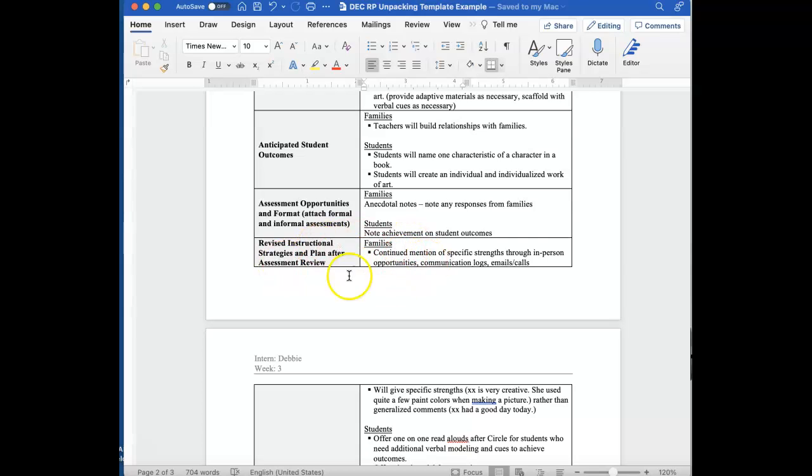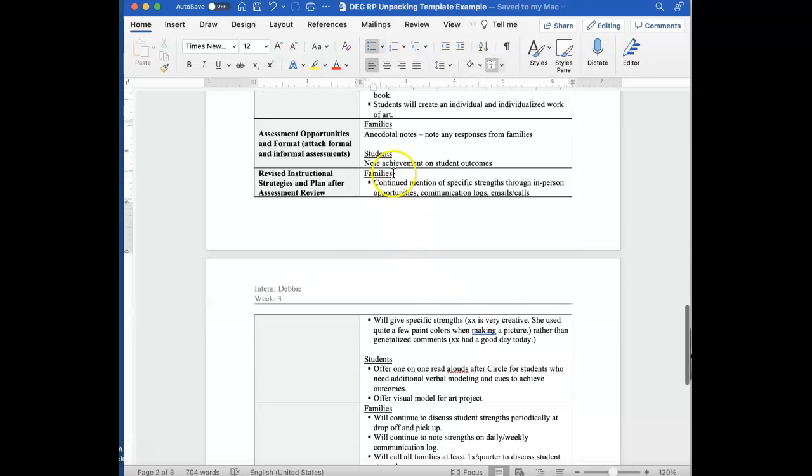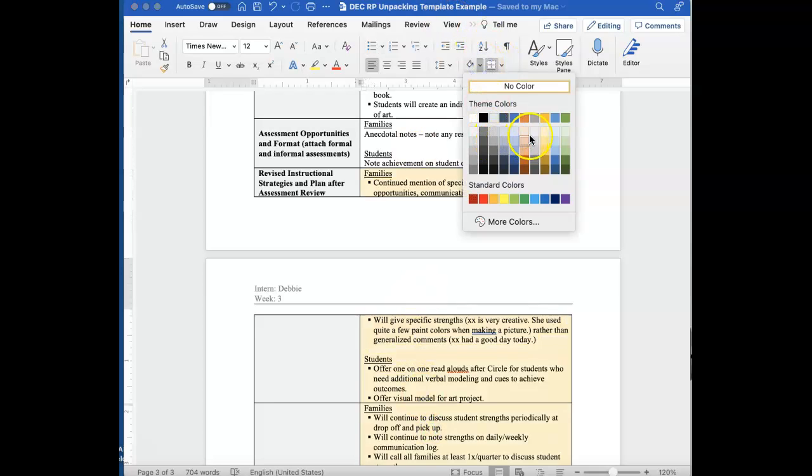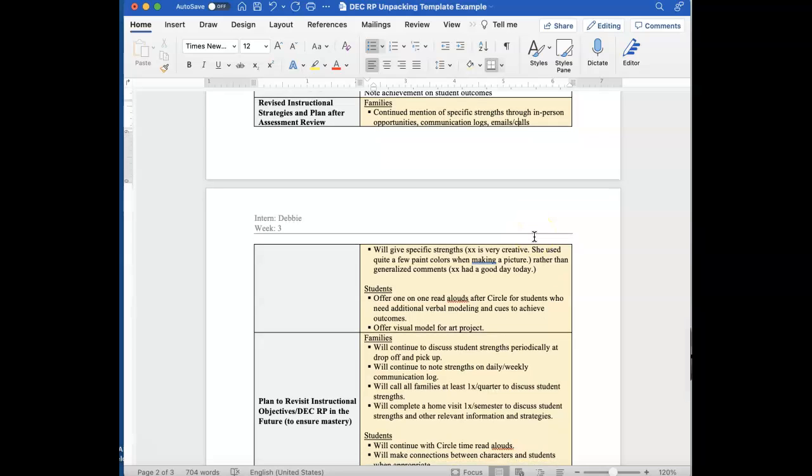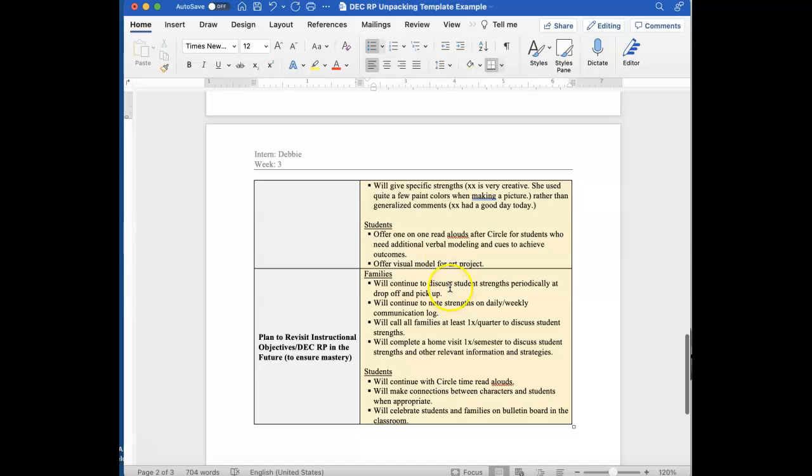So that's what's going to go here in this row. So it's these 2 rows that you're going to do for week 4, the even weeks, when you're revising your recommended practices.